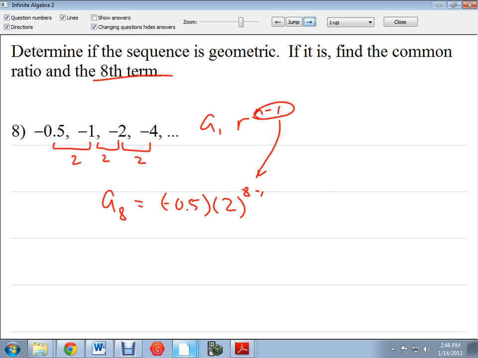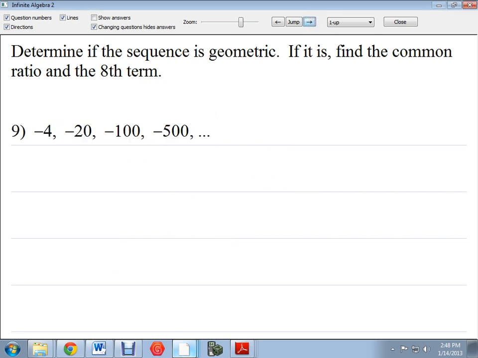Now, what we're going to do is calculate out all this stuff. A8 is equal to negative 0.5 times 2 to the 7th. And then we're going to multiply all this out. A sub 8 is equal to negative 64. Now, 8 is not a very hard number to do, because there's not that many of them, but they do tend to get very large very quickly.